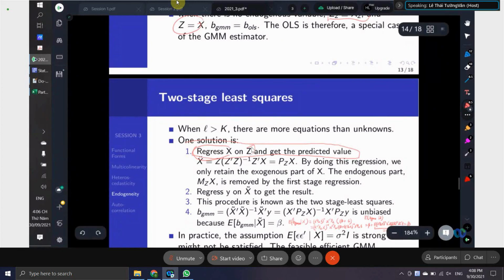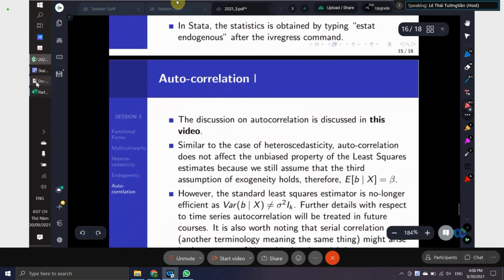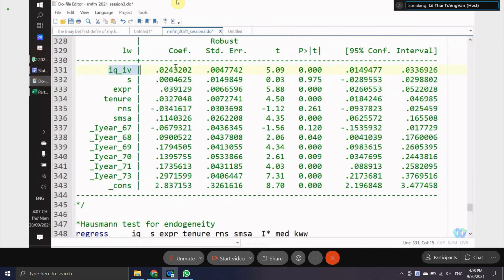I run a regression, I get a result, but I don't know if it is true. That creates a lot of questions about what we have done. The nice thing here is that I know I may have sampling error, but the expectation of my estimate is equal to the true value. And in this case, our conclusion is that IQ score positively contributes to wages and salary.